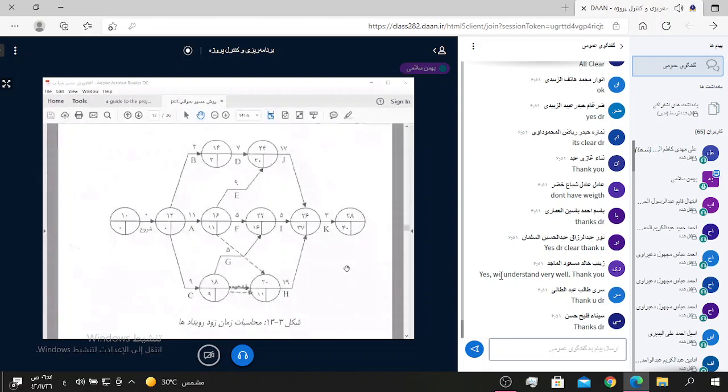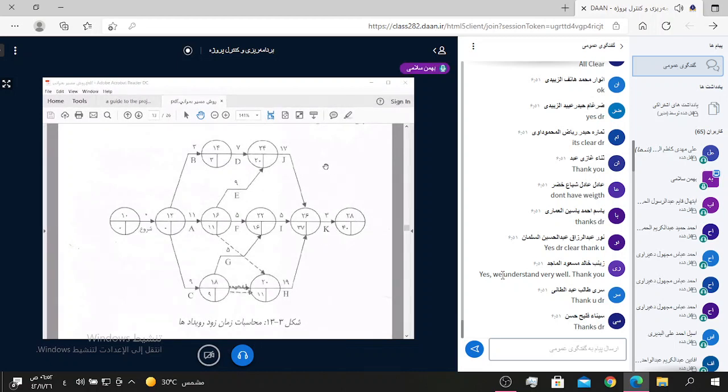Now I want to speak about the scheduling network in this method. This method is a CPM method, but is one of the sub-methods related to the CPM.